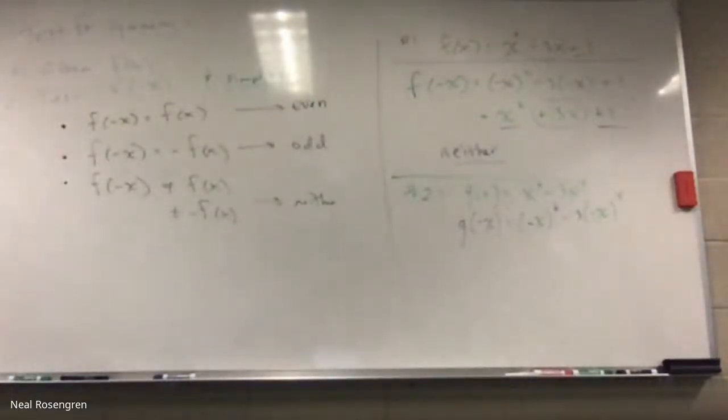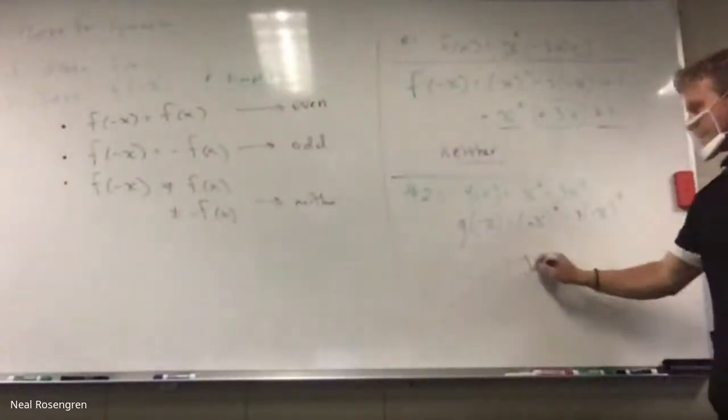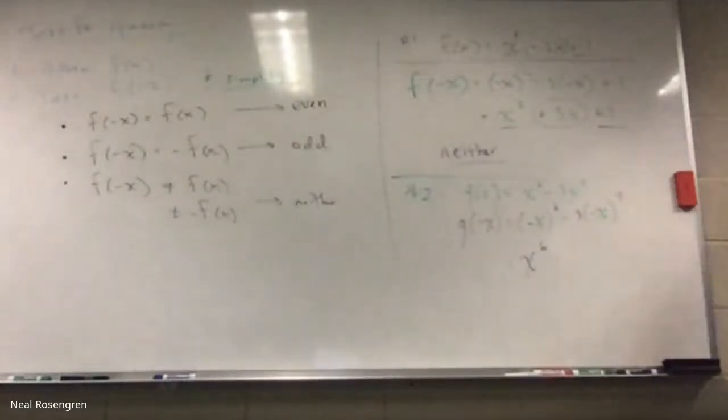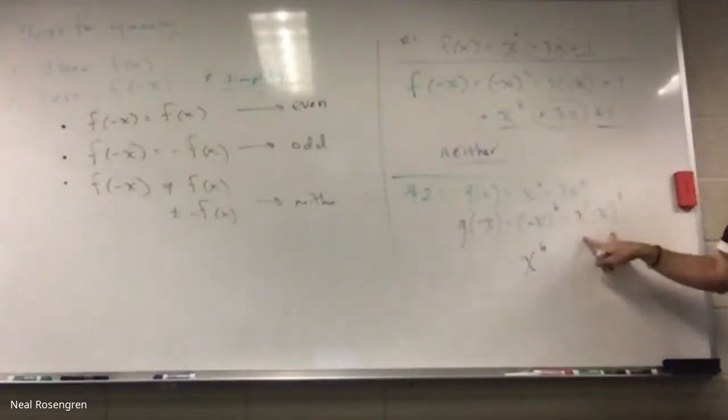All right, well, what's a negative number times itself 6 times? Negative, positive, negative, positive, negative, positive. So back to positive. So I don't need that negative inside there anymore. I can just say it's the same thing as taking x to the 6. Whether it was the positive x or the negative x, you multiply it by itself an even number of times, we're going to get the positive version. So is that still true here?